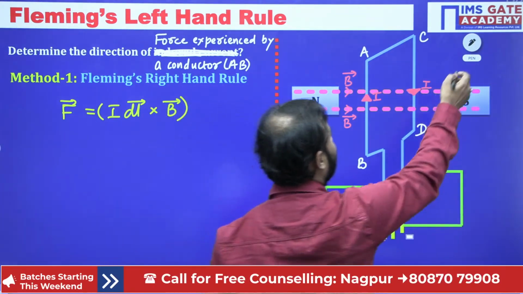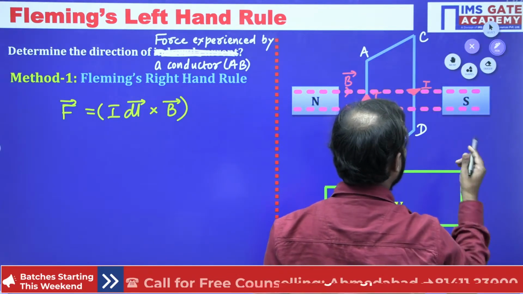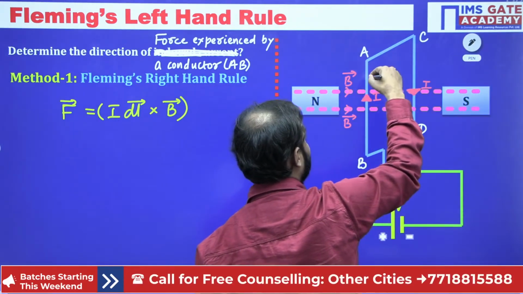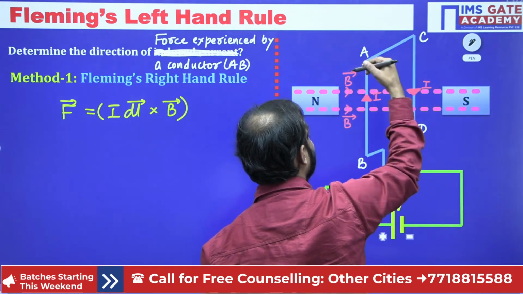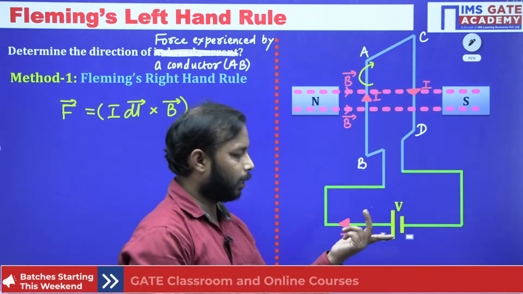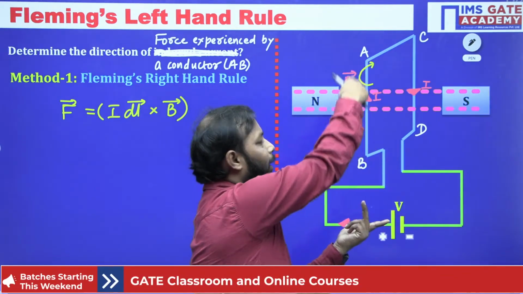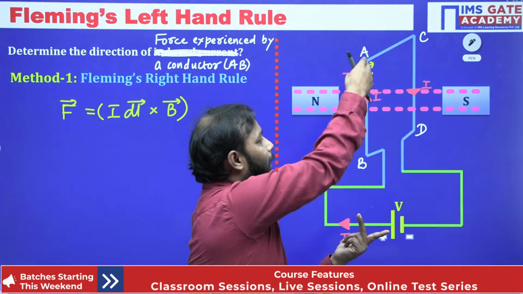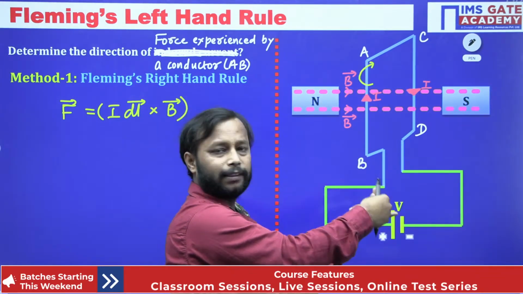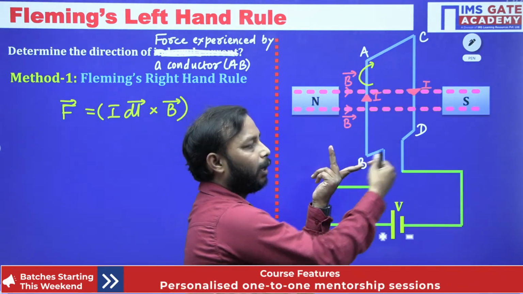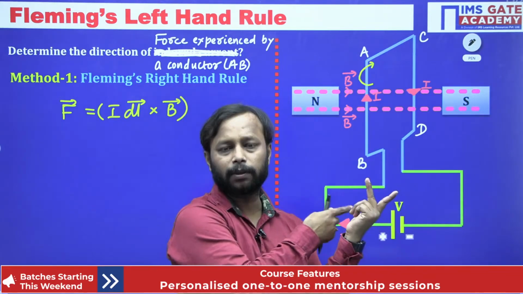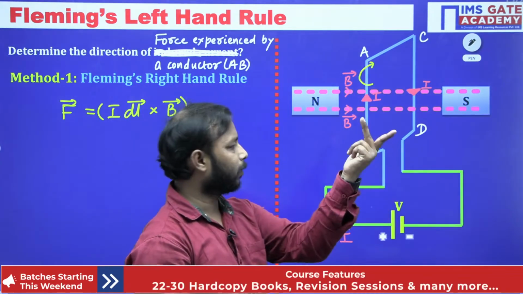So can I say the movement here is inside the board, like this. See, the current in conductor AB is upward, magnetic field from left to right, then the thumb points towards the rotation, meaning this thumb gives the rotation of the conductor, which is inside.